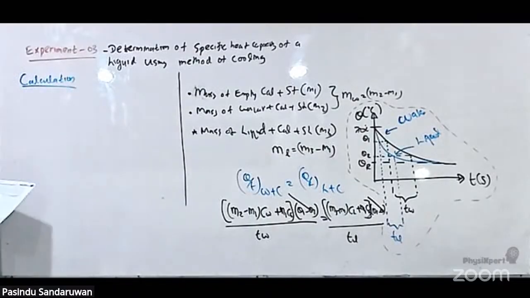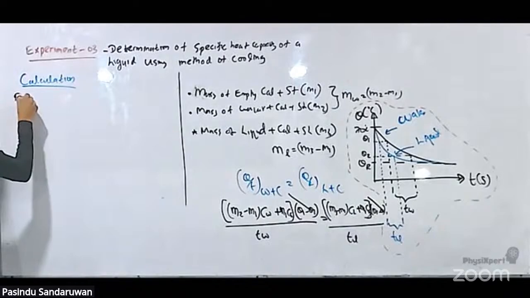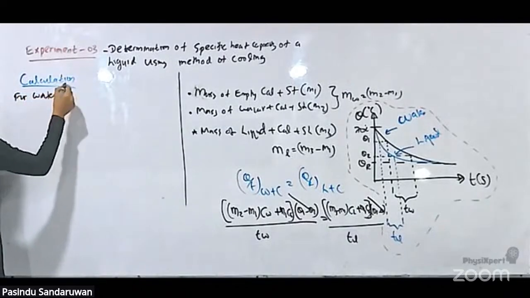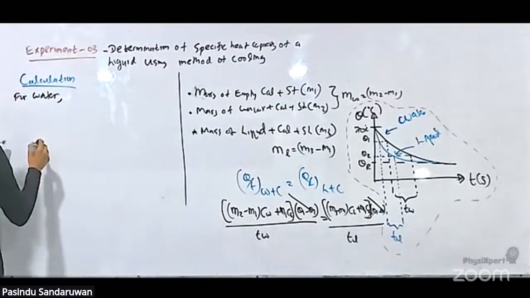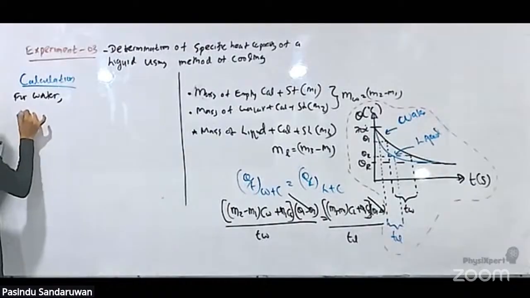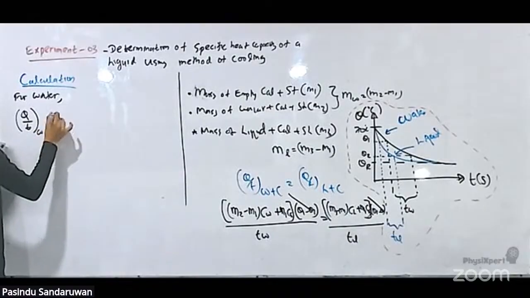Calculation. Right. For water, listen, now Q over T of water means water plus calorimeter.